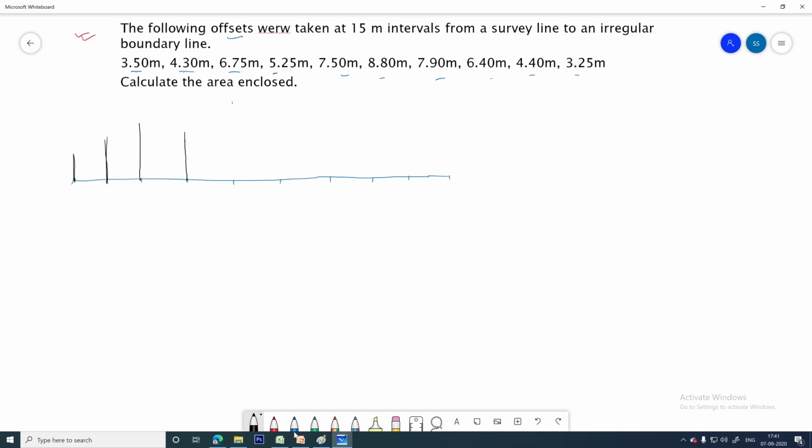Then it is 7.50. Then it is 8.80. Then it is 7.90. Then it is 6.40, it is 4.40, and it is 3.25. So let us connect this. I have tried to make it to scale, although it is not exact.